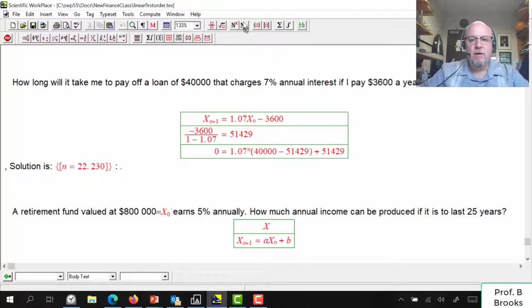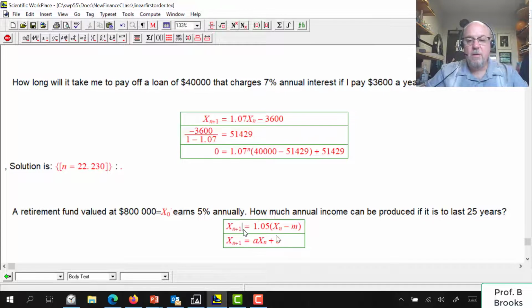This is how much my fund is, and then I subtract M from it because I take out my annual salary, and then the fund makes 5%, so I multiply that by 1.05. And that would be equal to how much money the fund has at the next year.